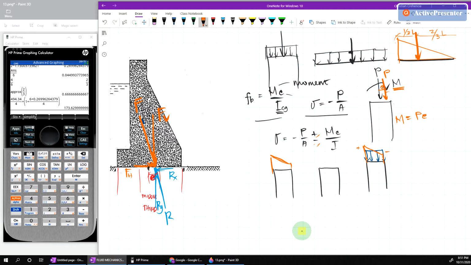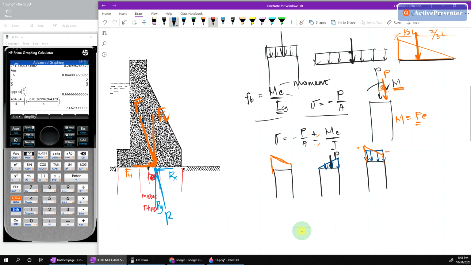So, if yung location nitong P is nasa 1/3 nito, okay, so ano yung na-expect nating moment diagram dito? Or yung pressure diagram? So, triangular.